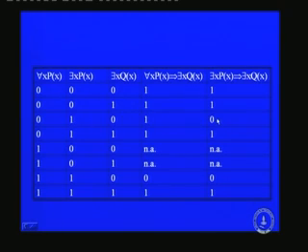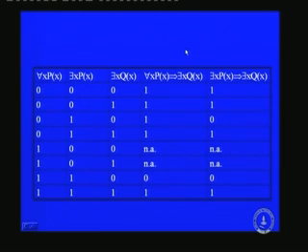In these two cases it will be false, rest of the cases it will be true. These two columns are not identical, therefore they are not equivalent, but one will imply the other. Which one will imply the other? See, you can have the antecedent false and the consequent true, that is possible. So this will imply the other statement.